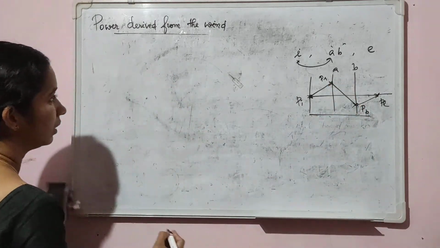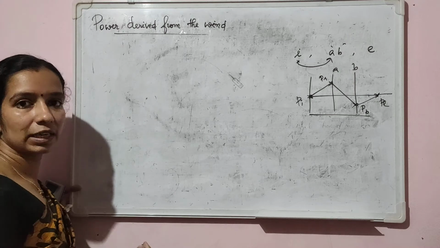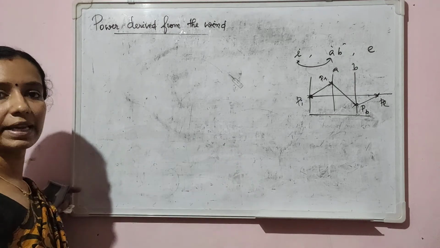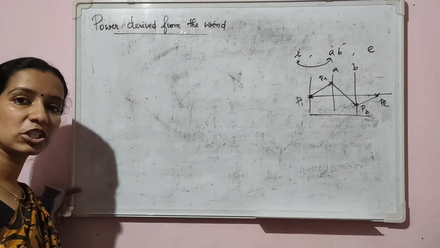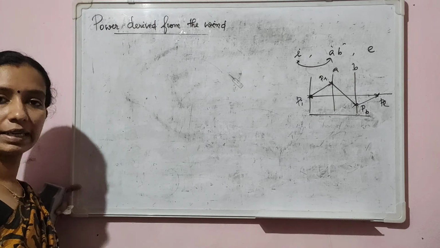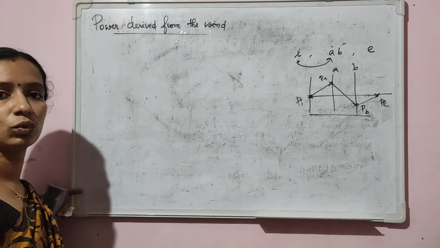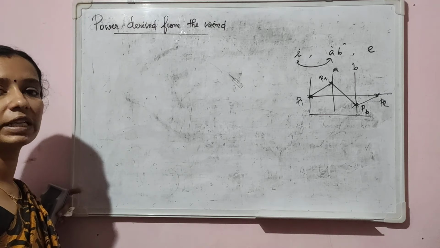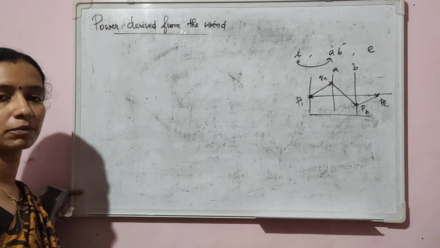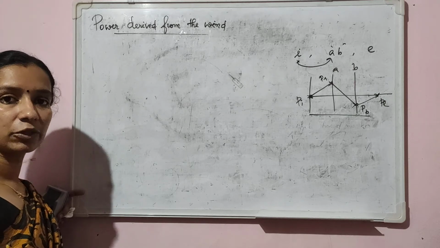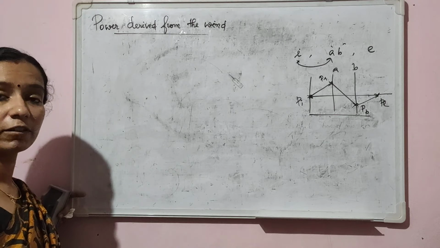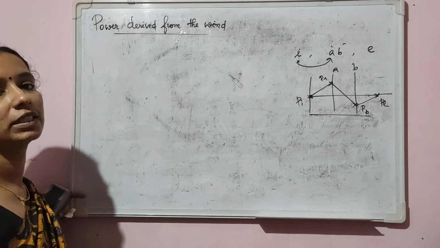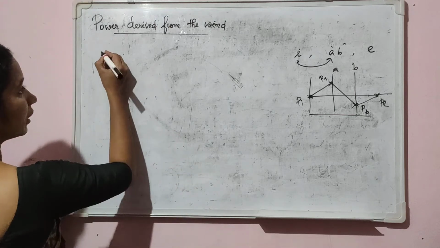Now let us write the general energy equation. We know the general energy equation. In this case, assume that the potential energy is 0 and no heat is added to or removed from the system. So the energy equation in this case will have only the kinetic energy term and the flow energy term. Let us write the equation.